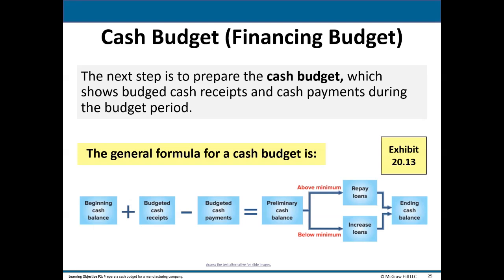If the cash budget indicates the cash is above the minimum, the company can plan to either pay off loans or maybe invest that cash for additional income. When preparing a cash budget, you add the budgeted cash receipts to the beginning cash balance and subtract the budgeted cash payments, just like Exhibit 20.13 shows.